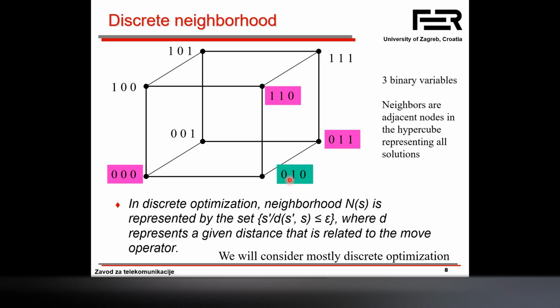Each variable can take on one of k values. What would be the size of the neighborhood? What do you guys think? For a vector that is size n, so I have n variables, each variable can take on one of k values. What would be the size of the neighborhood of a given solution?